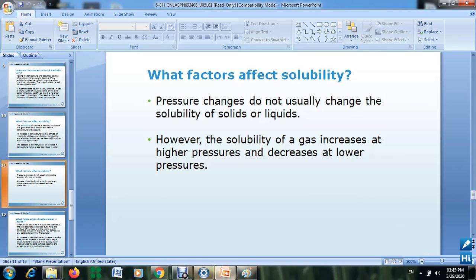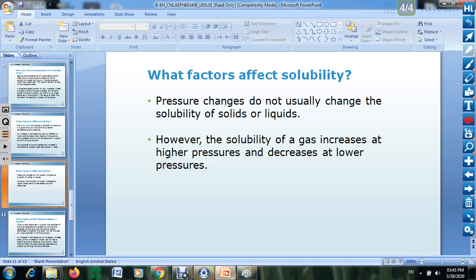The second factor that affects the solubility, we want to talk now about pressure. For pressure here, the pressure does not usually change the solubility of solids or liquids. It changes what? The solubility actually of gases. So this factor is mainly for gases.